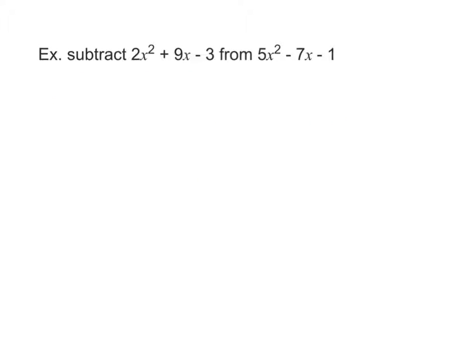We can also subtract polynomials in the same way. The only thing that you have to watch for is the order that you put them in. This key word here, from, means you're going to be taking this away from this polynomial. That means when you write it, the 5x squared polynomial has to come first.